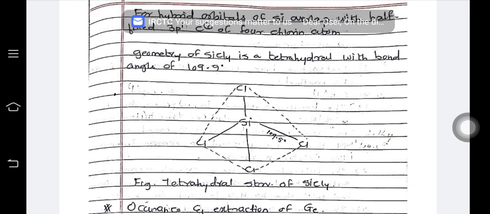Generally, SiCl4 is tetrahedral with a bond angle of 109 degrees. This is the bond angle of the SiCl4 molecule.